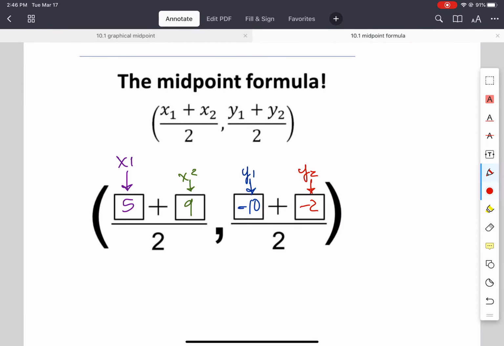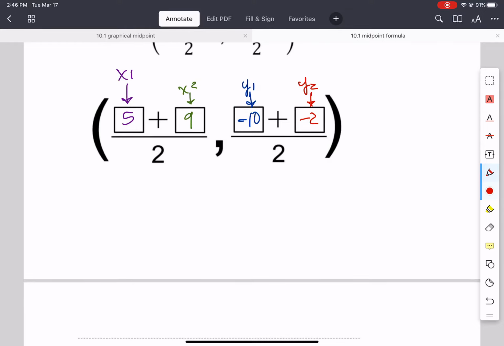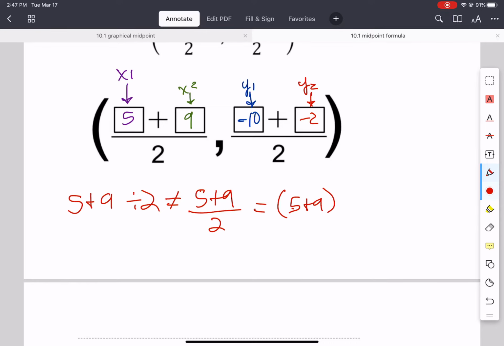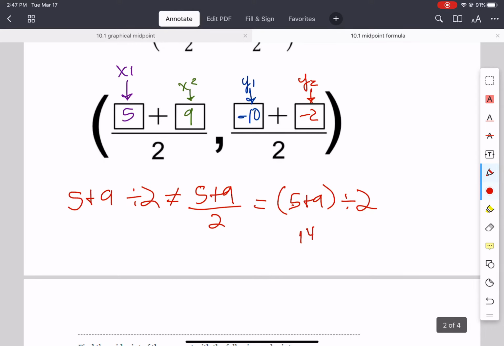Now it's just a question of, can I add stuff up and divide their sum by 2? So if you're doing 5 plus 9 divided by 2, currently this is not going to work. This is not the same thing as doing 5 plus 9 all divided by 2, which is the same as parentheses 5 plus 9 and then divide that sum by 2. So 14 divided by 2, 7.